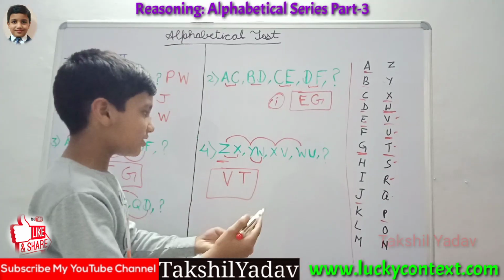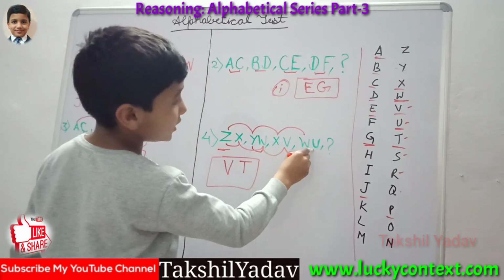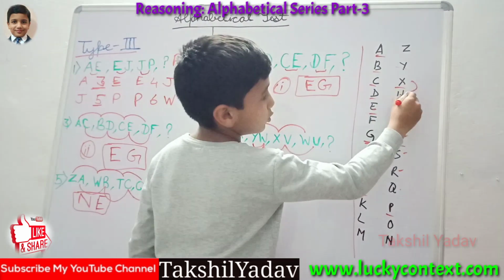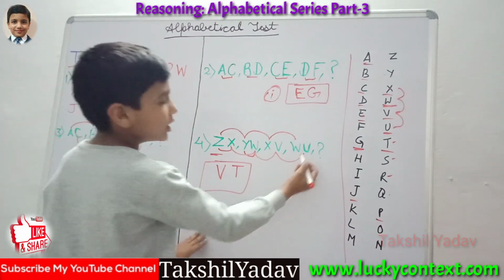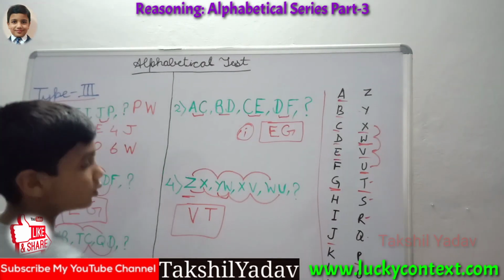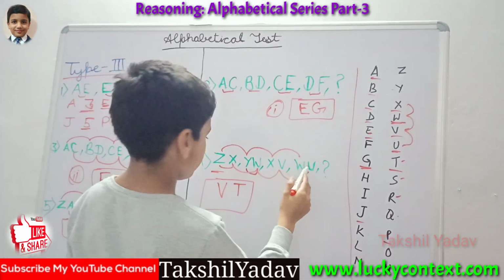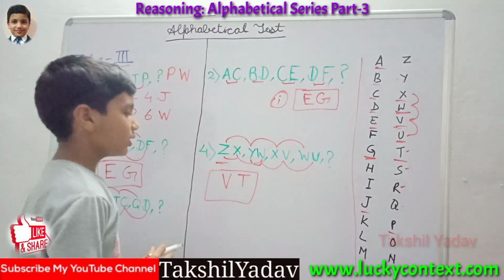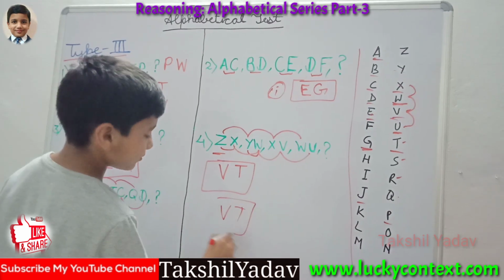And here we have X, W, V and U. They are also decreasing. So after U we have T, and after W we have V. So again we have the answer as VT.